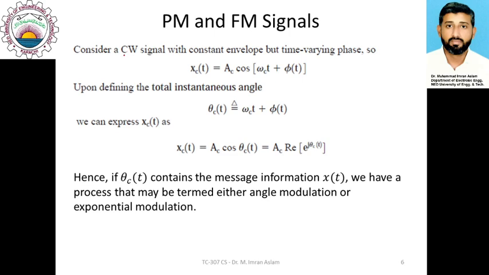So let us consider a continuous wave signal with a constant amplitude or constant envelope. This amplitude Ac is taken as constant because for both PM and FM the amplitude would remain the same, but the overall phase would be different. So this signal would be represented as Ac cos(omega_c t + phi).